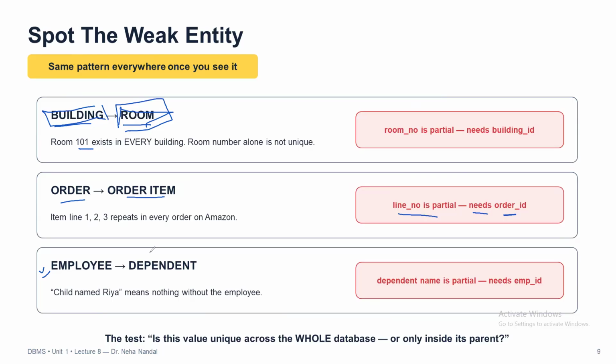Then without that employee, that dependent cannot exist. He or she exists because of that employee. So in that case, the dependent name will become the partial key, and they always need the main employee's ID.